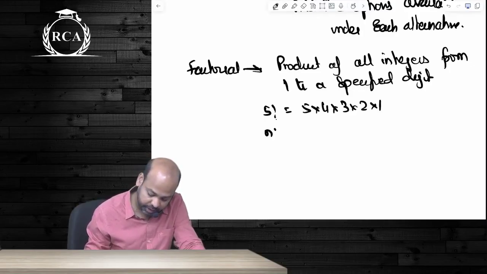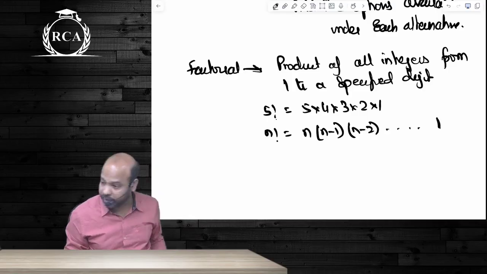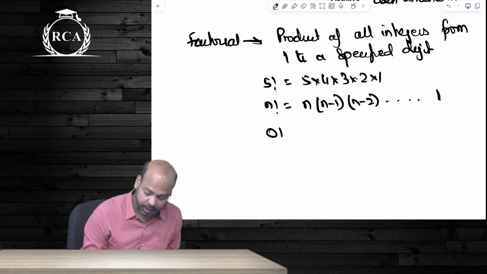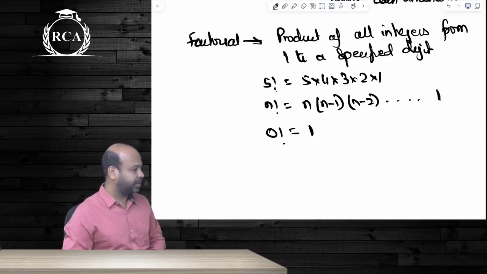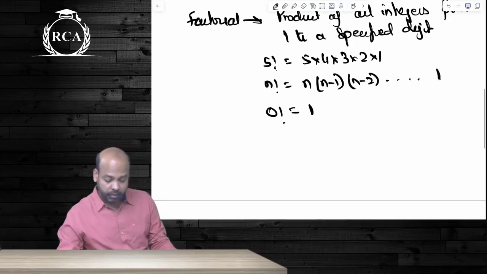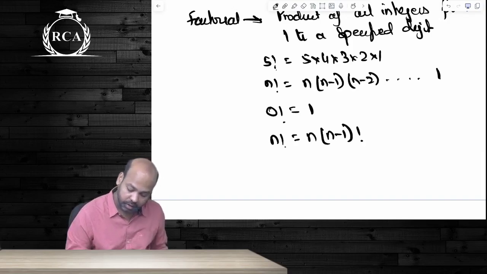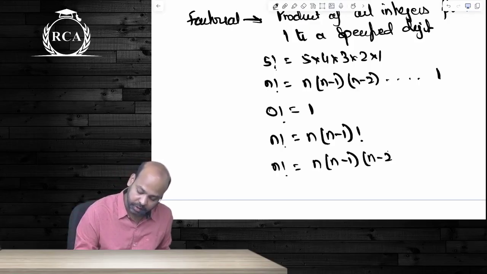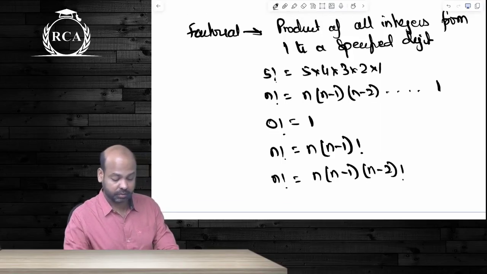Likewise, if I write n factorial, beta, it will be n into n minus 1 into n minus 2, so on till 1. 0 factorial is always equal to 1, we did this, guys, in the class using permutations, nPn. After that, beta, can I write n factorial as n into n minus 1 factorial? Can I write n factorial as n into n minus 1 into n minus 2 factorial? Yes. All these relations come in use, beta.